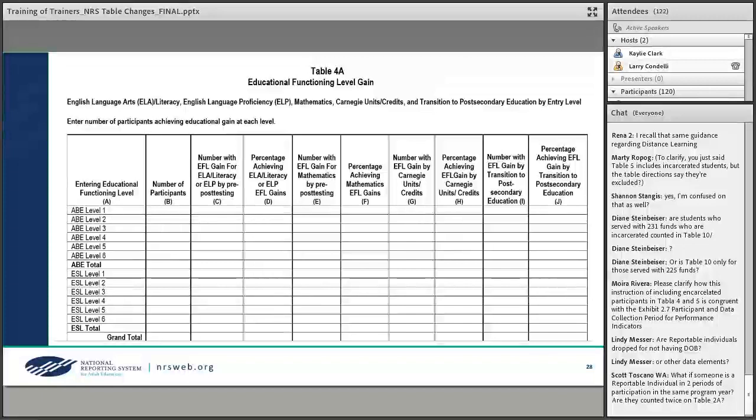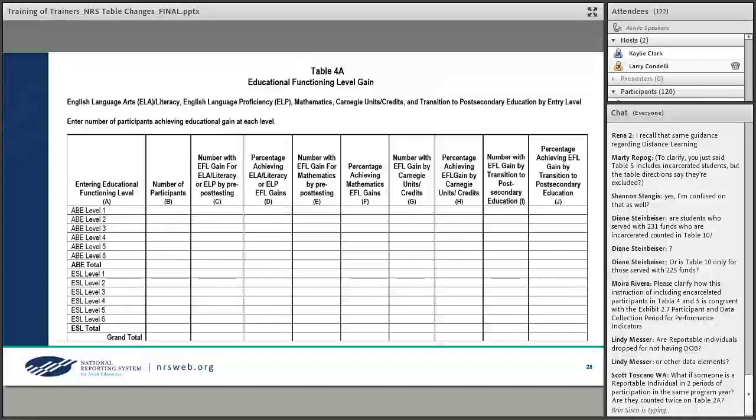No matter how many, you put all the MSGs in there. And the third thing about it is we break up ELL testing gains by mathematics and by ELP or ELA literacy. So if we go through the columns, column B is number of participants, unduplicated number.